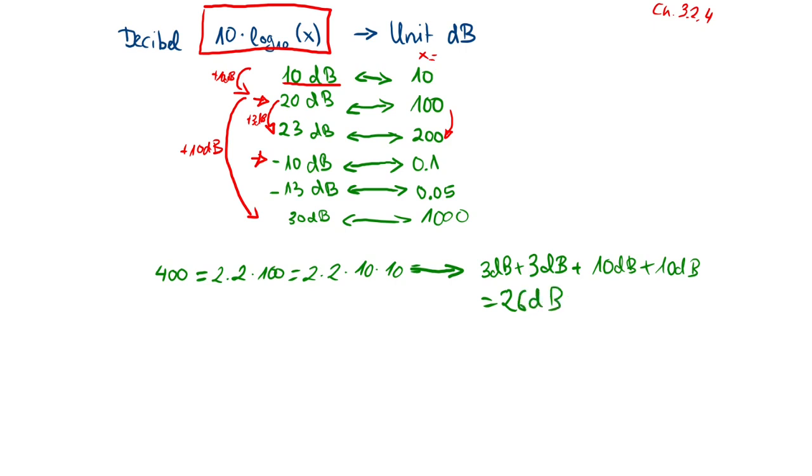So 400 is 26 decibel. And we can also continue this with this example. So in linear scale you need to divide 0.1 by 2, and division by 2 means minus 3 dB.